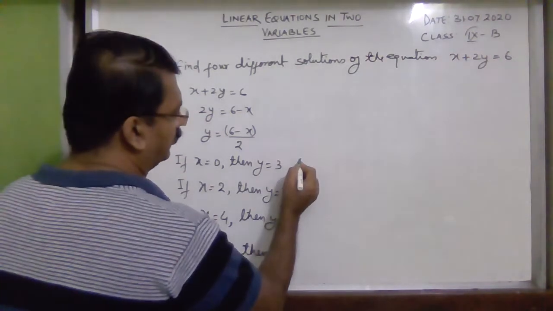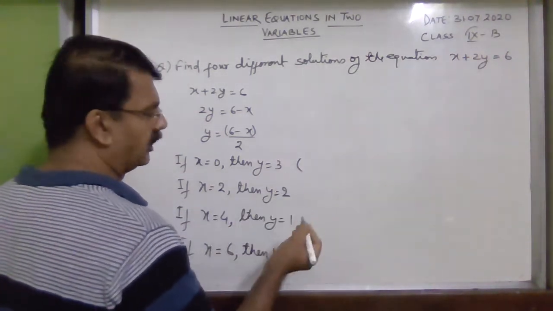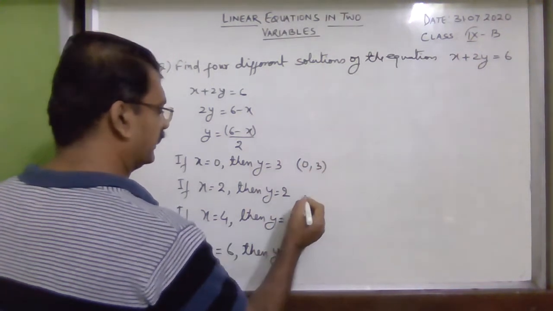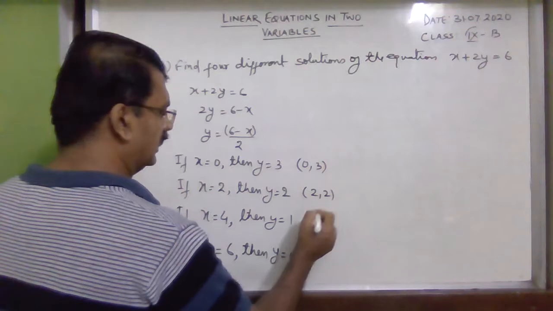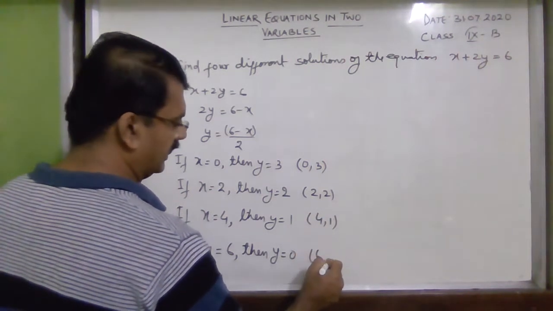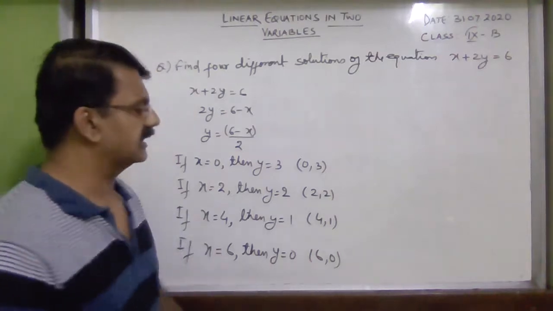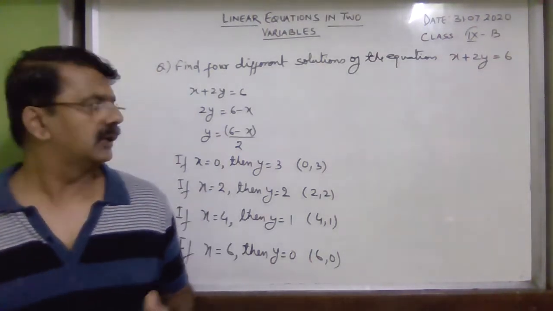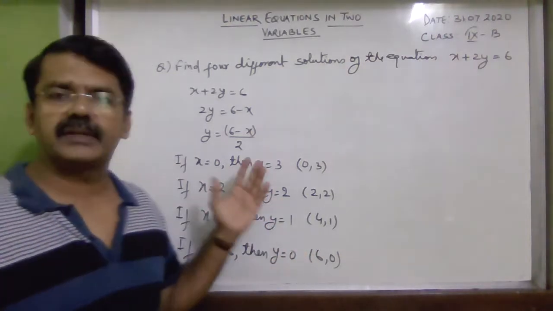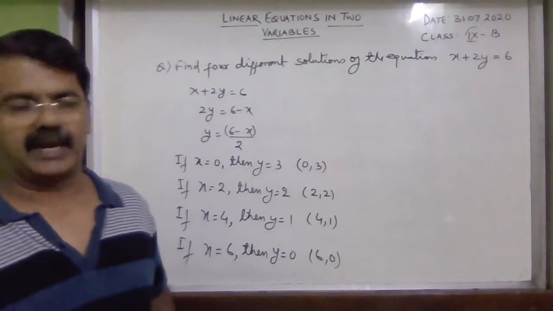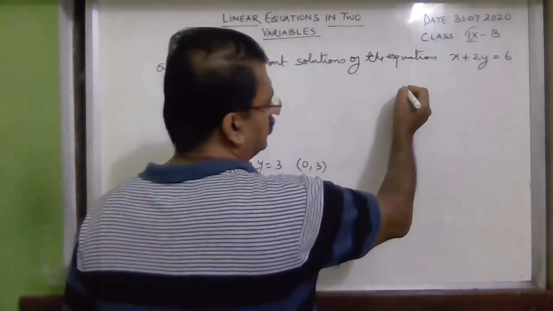So if you write your answers in ordered pair form, it is 0, 3, then 2, 2, then 4, 1, and then 6, 0. These are the 4 values. Clear? Now, if we plot these points on a graph and join them, you see what happens.